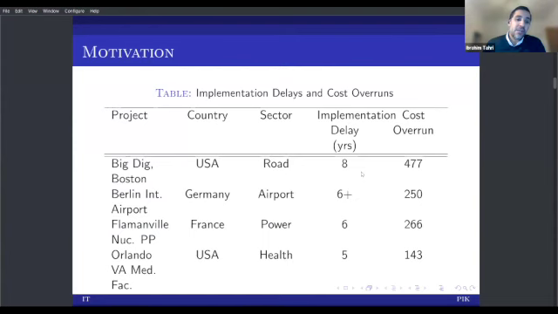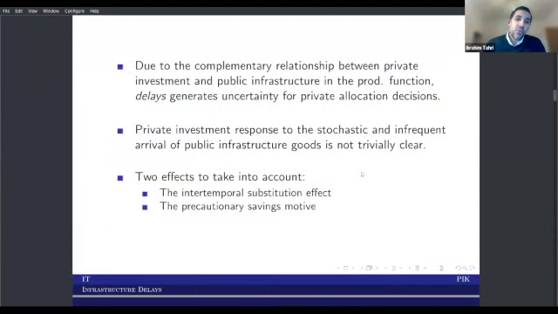The reason I'm talking about this is that I consider these delays an important subject for research, mostly because we are targeting, by mid century, an economy with net zero carbon emissions.